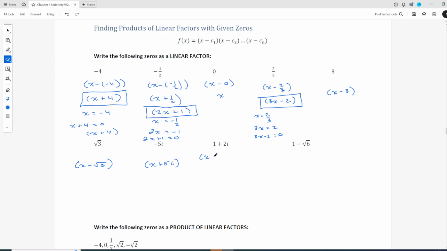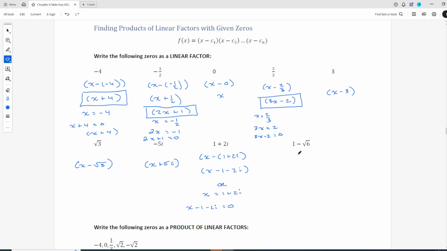You can put it in as x minus the 1 plus 2i, which would give you a factor of x minus 1 minus 2i. Or you can say, hey, if x equals 1 plus 2i, I have to take them over to the other side. And again, that's the same factor.